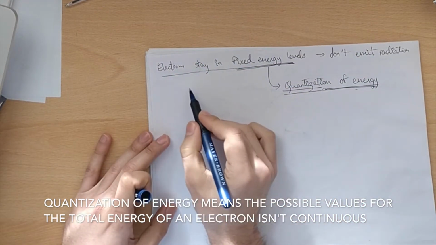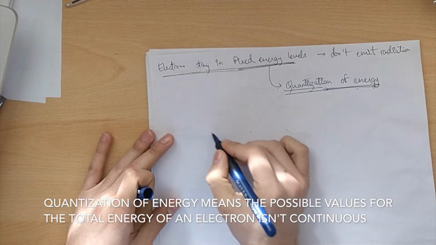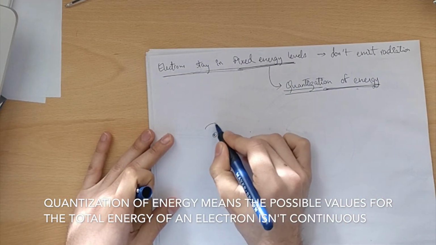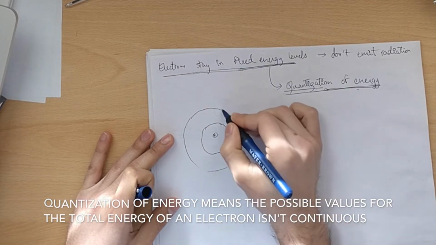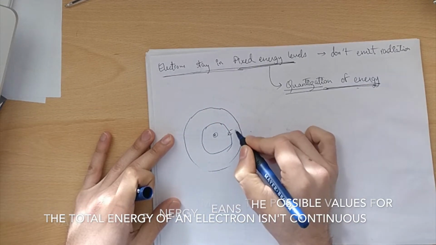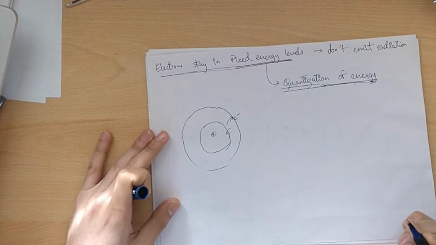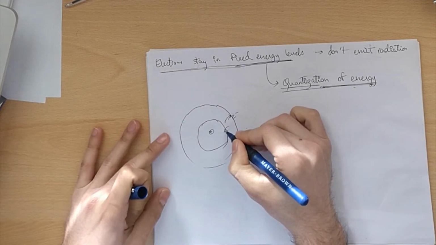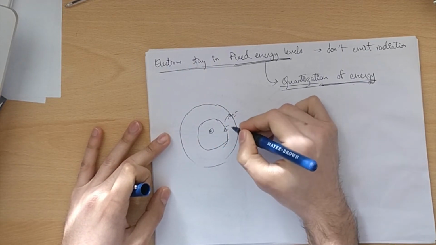Now, if electrons stay in fixed energy levels, there must be something that might happen when an electron tries to move. Do you think it's possible for an electron to jump from one fixed energy level to another fixed energy level? In fact, it is possible for electrons to jump between energy levels, so they don't actually stop here.